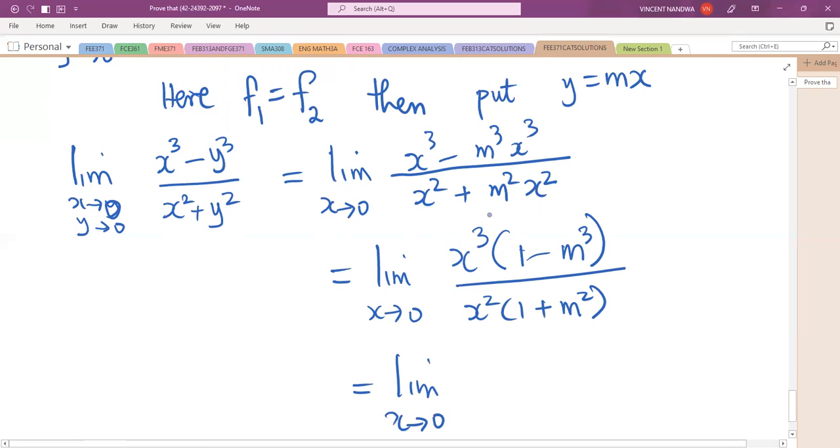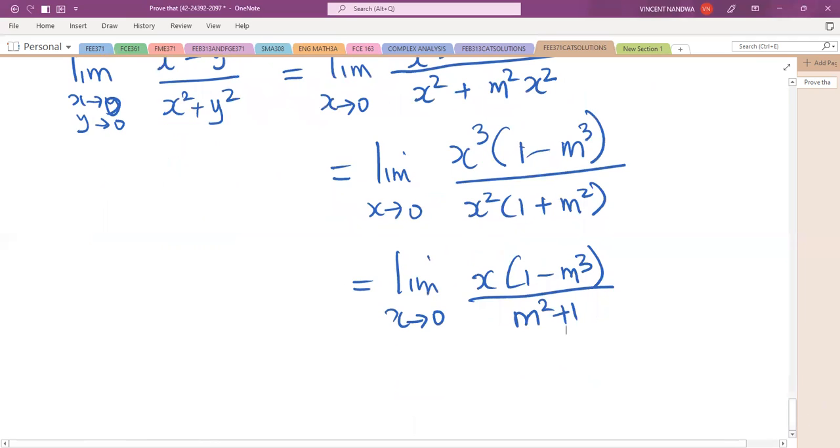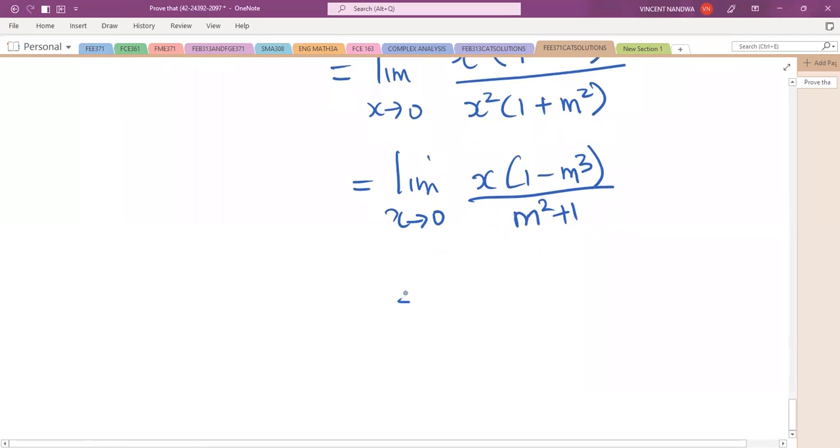Now x squared cancels, to get x times 1 minus m cubed divided by m squared plus 1. By direct substitution, we get 0 over m squared plus 1, which is 0. Call this one f3.